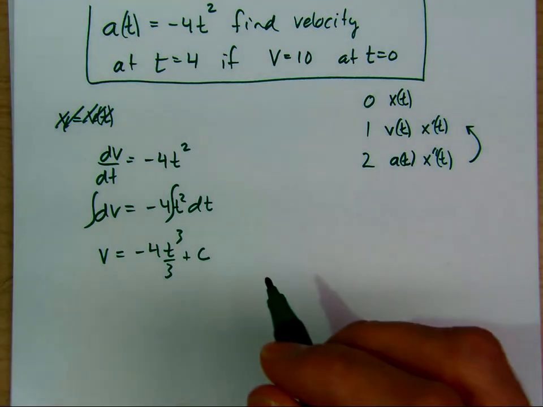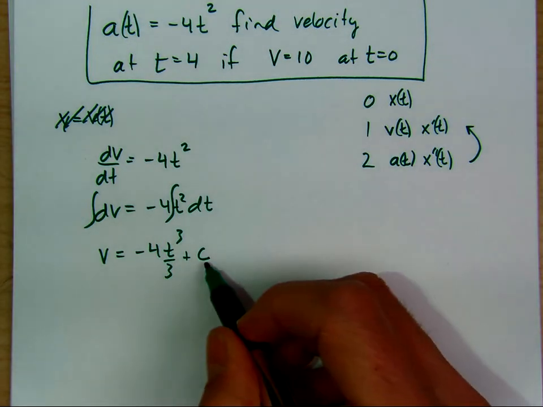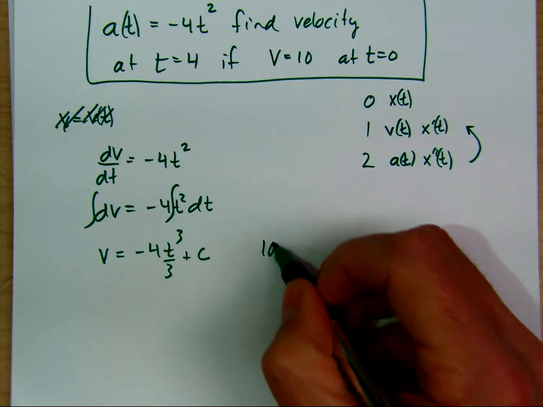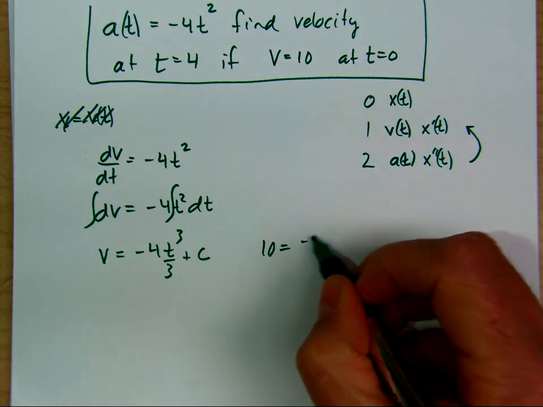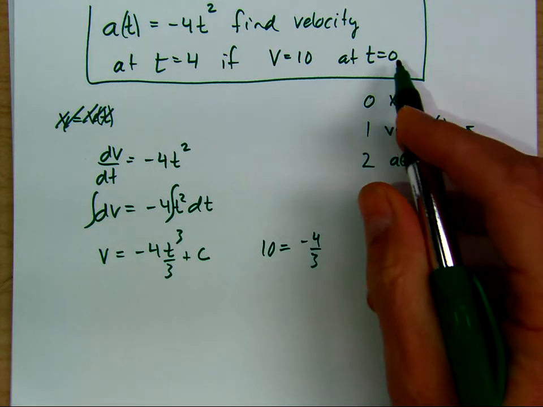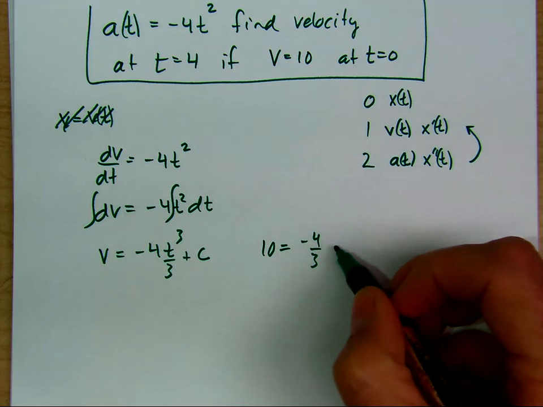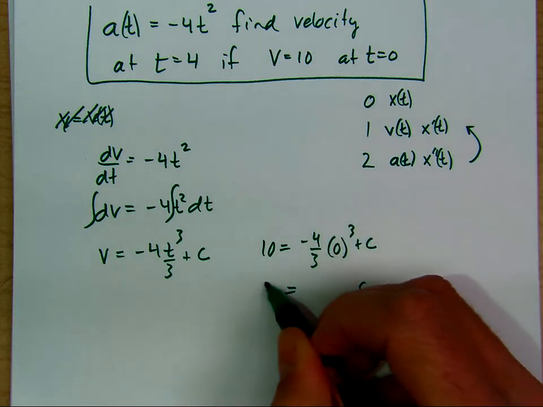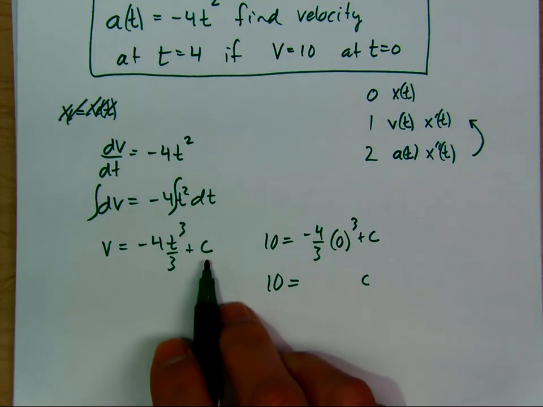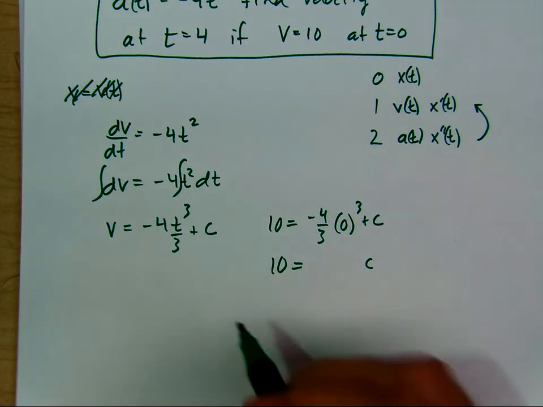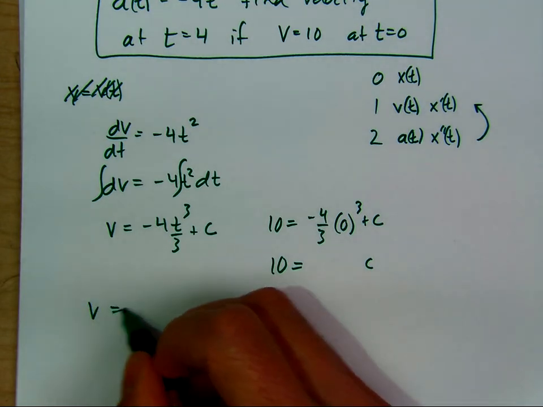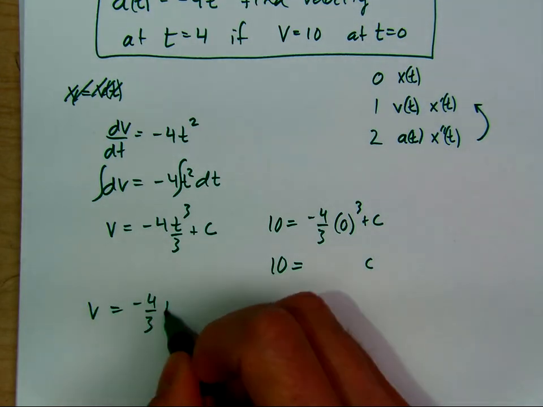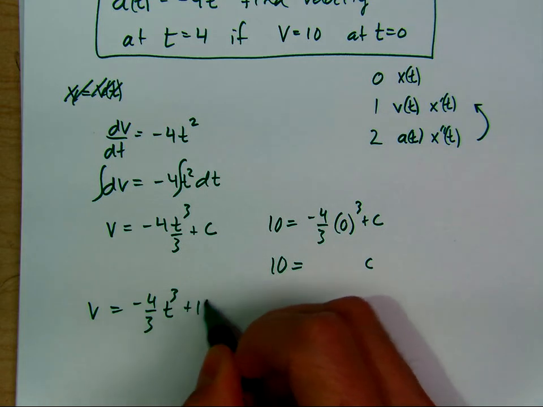All right, and we'll solve for c. We know velocity is 10 when t equals 0. So c is 10, and we have velocity equals -4/3 t cubed plus 10.